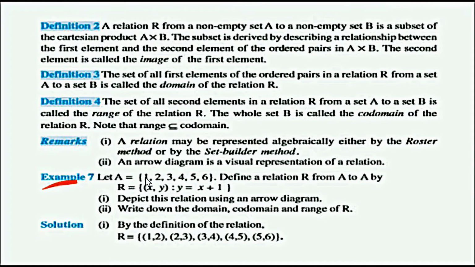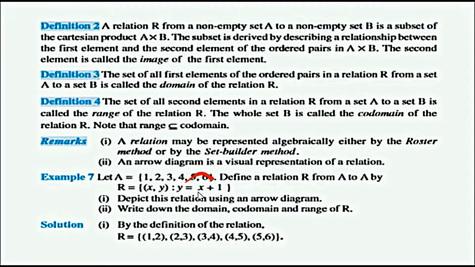So this is a set with 1, 2, 3, 4, 5, 6, and we want to define a relationship from A to A, meaning both the sets are the same. The first set will be 1, 2, 3, 4, 5, 6. The second set will also be 1, 2, 3, 4, 5, 6. So the relationship (x, y) will be like this: y is equal to x plus 1.